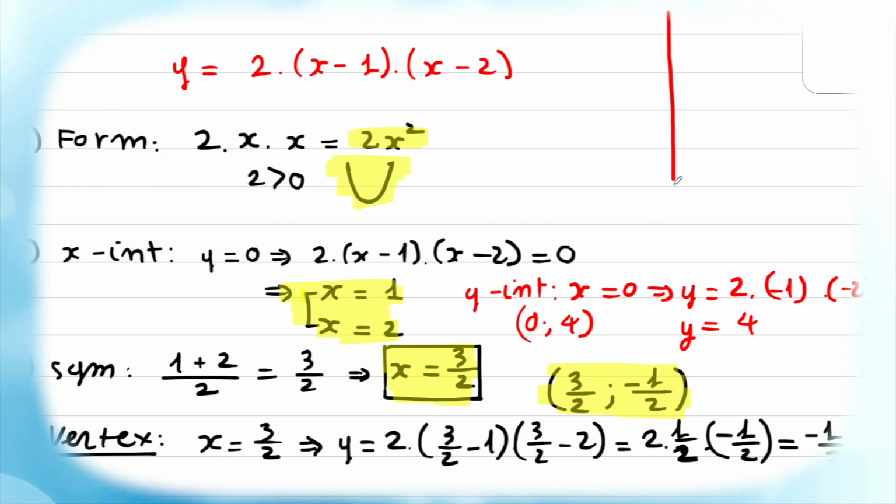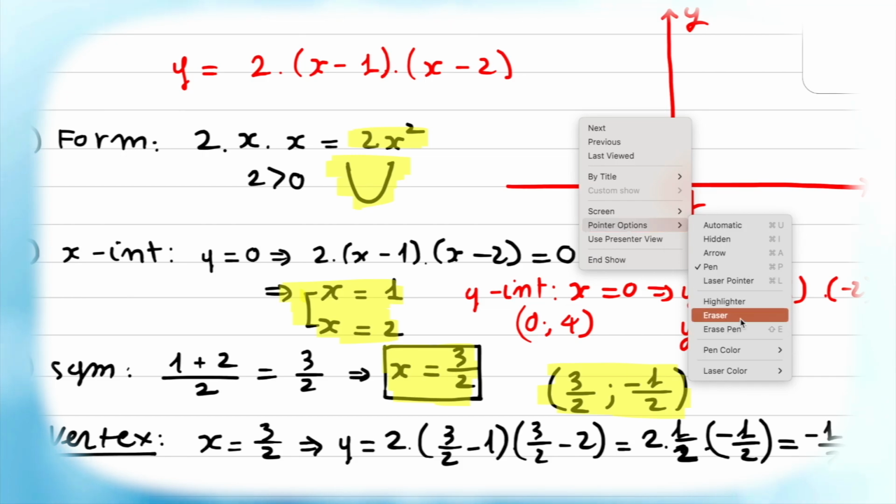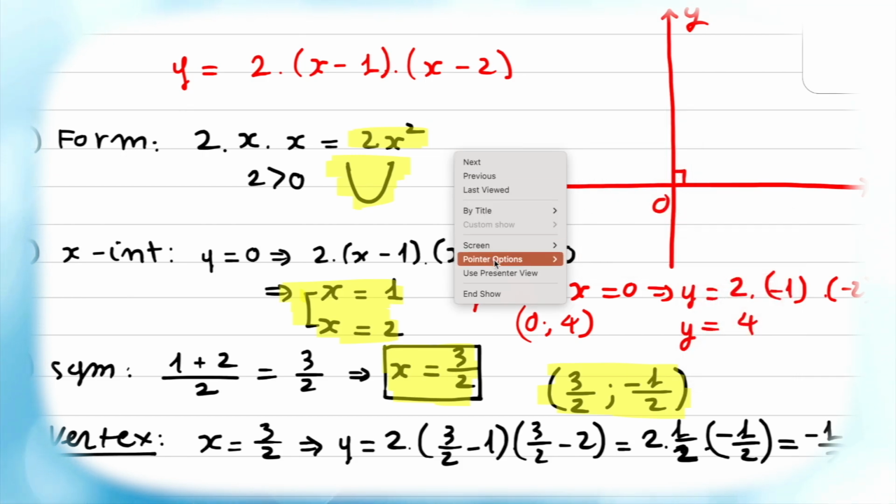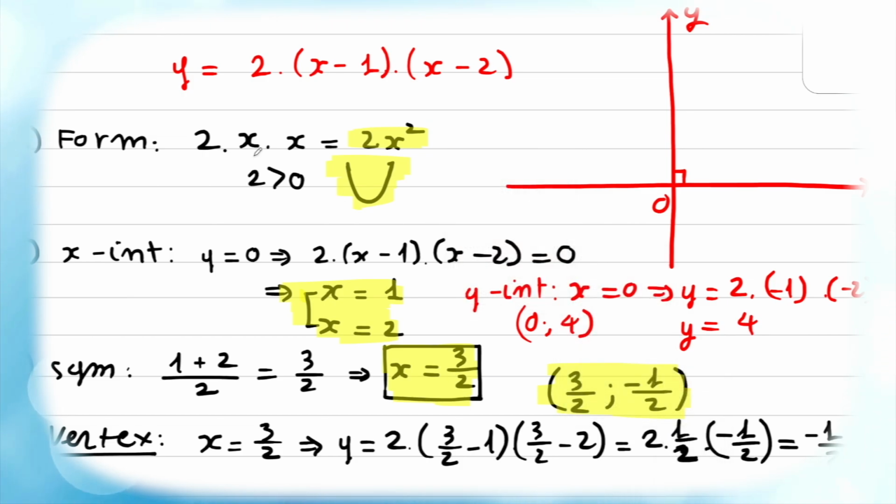Okay, now we combine all of these together in the graph: the form, the symmetrical line, the vertex, and the h and y-intercepts. Now look at this. The h-intercepts are 1 and 2.